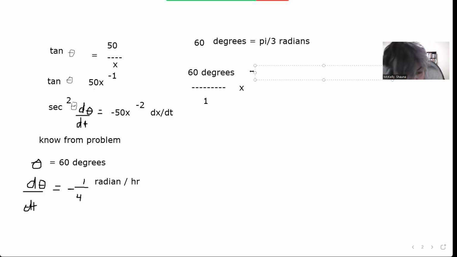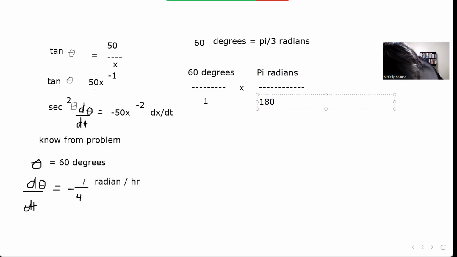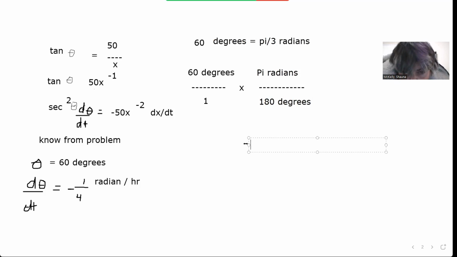So I'm going to put pi radians up here, and I'm going to write the word. It's not necessary, but I want to keep the units straight. So this is 180 degrees, because in case you've forgotten, pi radians is 180 degrees. A full circle is approximately 6.28 radians.